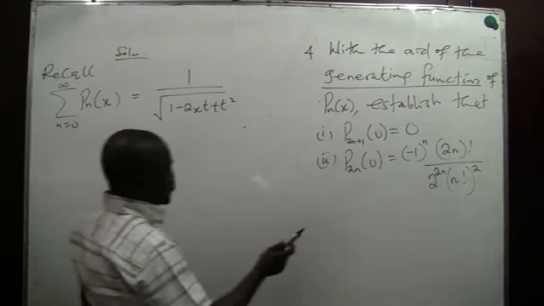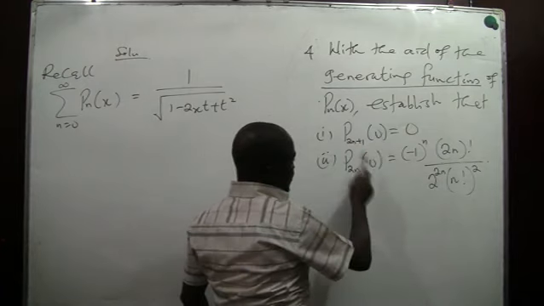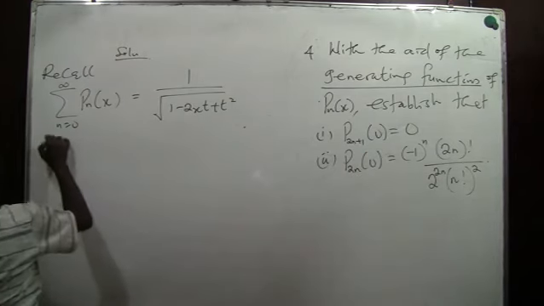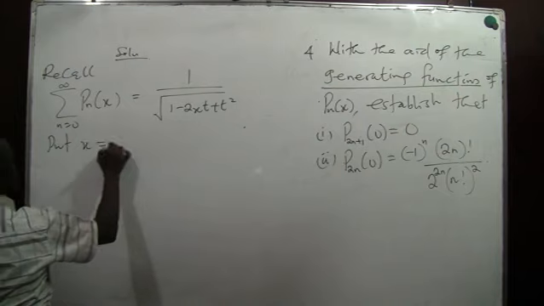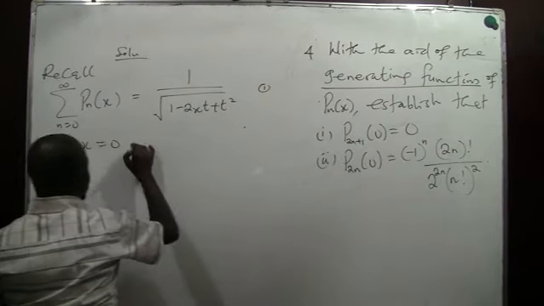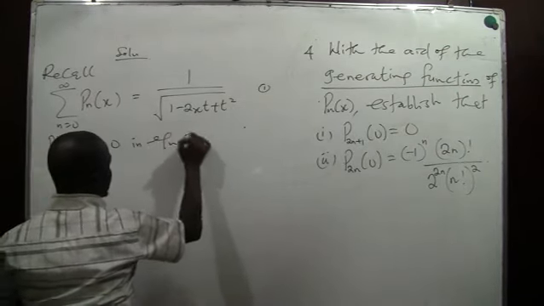Now, from what we have, the value of x is given as 0. So put x equals to 0. Call this equation 1.